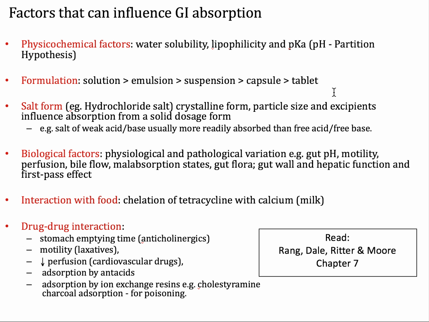Other things that we didn't mention, that you need to be aware of, are the gut pH and the gut motility, so how well it's moving its contents down into the intestine. Perfusion, which is very important, is the small intestine getting the required blood flow. Bile flow, malabsorption states, and various other ones.